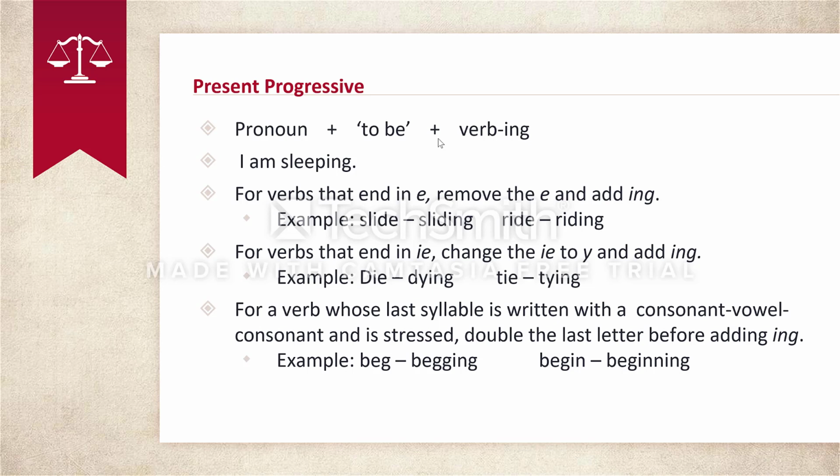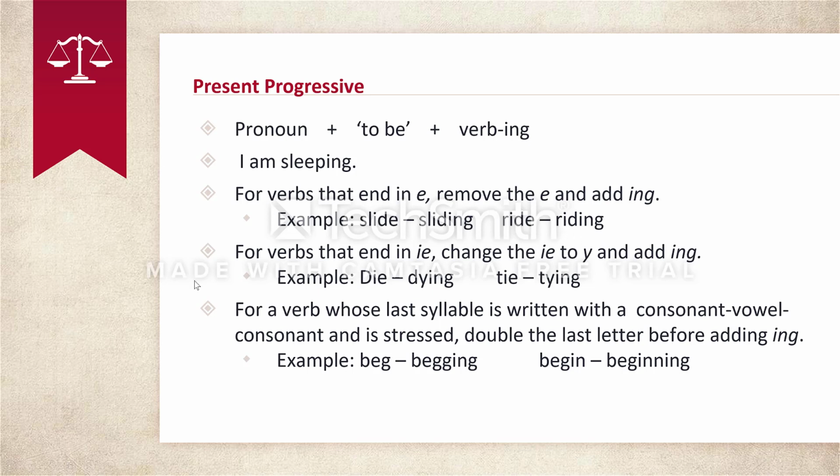So if we look at the first example, it says for verbs that end in the letter E, remove the E and add "ing." So let's look at the first example. Our first example is "slide." If we notice, slide ends with an E. So to follow the rule, first we must remove the E and then add on the end "ing." So we get "sliding" with no E. The same with "ride." We have to remove the E and add on the "ing."